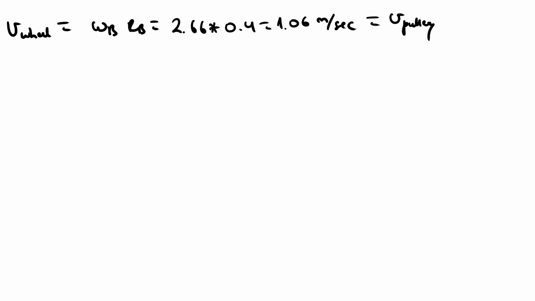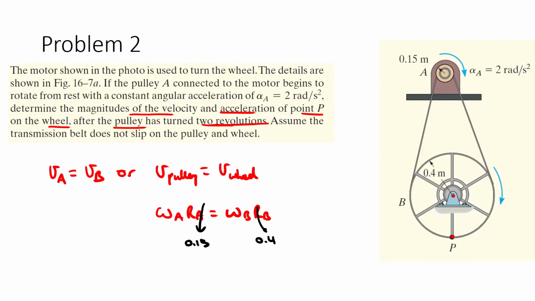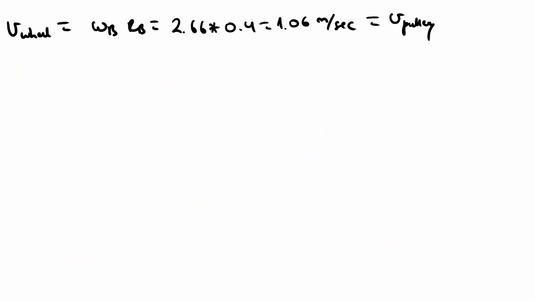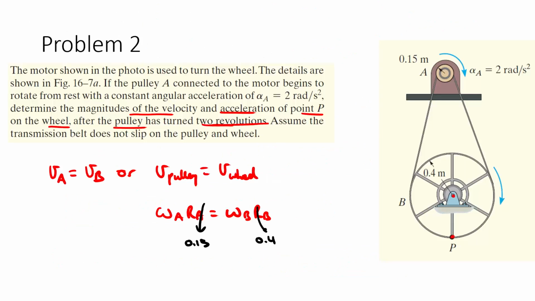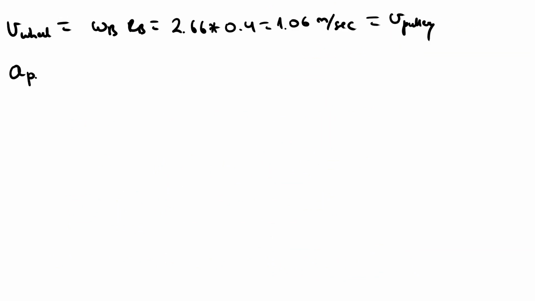And then the question also says to find the acceleration of the point P. If you remember, let me just add it here. This is the pulley, and I have a point P here. This point P has an acceleration this way.